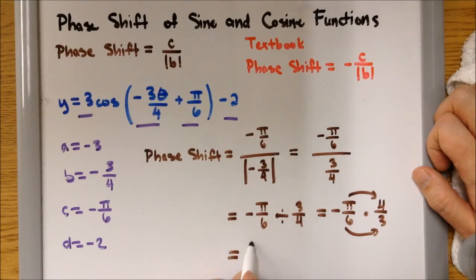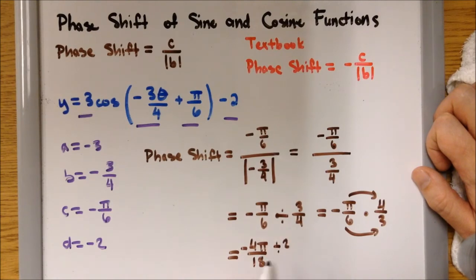So I'm going to rewrite it over here. Pi times 4 is just 4 pi. 6 times 3 is 18. But do not forget your negative. Remember, negative pi over 6 times 4/3 is negative 4 pi over 18. Now, I can still simplify it because negative 4 and 18 are both even numbers. They can be divided by 2.